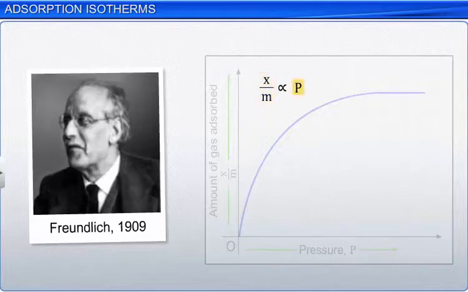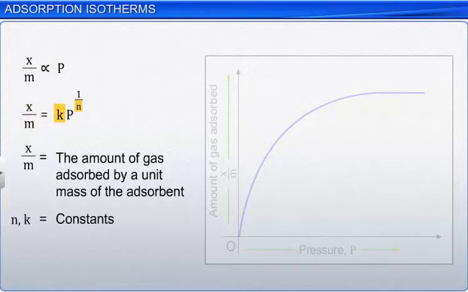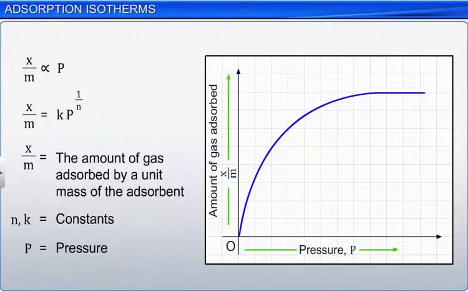The relation can be expressed as x by m equals k multiplied by P to the power 1 by n, where x by m is the amount of gas adsorbed by a unit mass of the adsorbent, n and k are constants, and P is the pressure. This relationship is generally represented in the form of a curve and is known as the Freundlich adsorption isotherm.